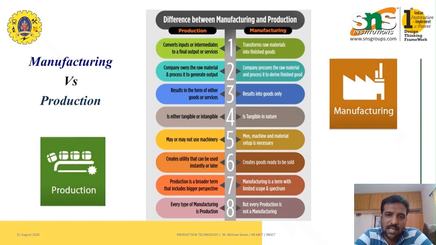A workpiece is turned into another workpiece, but not into a finished final product. It creates goods ready to be sold. The manufacturing term has a limited scope and spectrum; every production is not a manufacturing process.